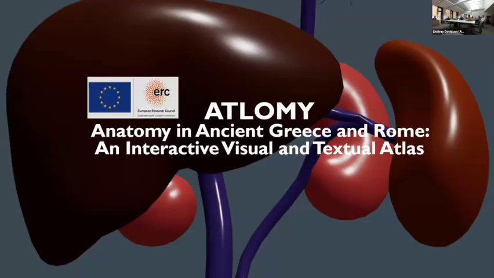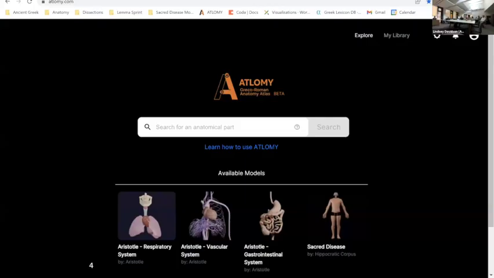ATLOMY is a research lab situated in the classics department at the Hebrew University of Jerusalem. We are studying and researching the history of Greco-Roman medicine and developing digital interfaces and research methods. The interface in which we view this model is another outcome of our research, a digital interactive atlas of Greek and Roman anatomy. We developed it on computer and are still developing it further.